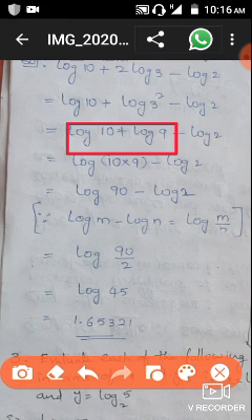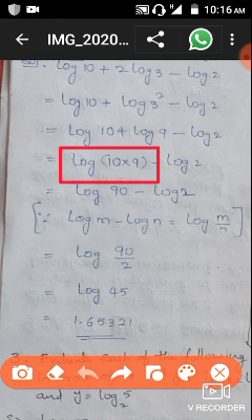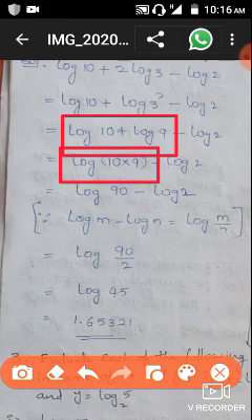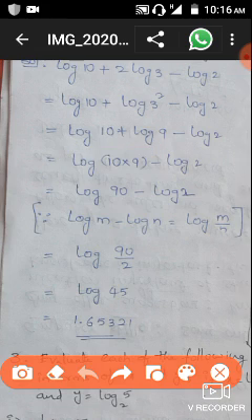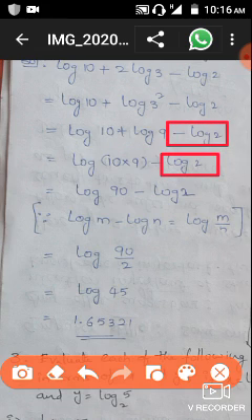So log 10 plus log 9 is log 10 into 9. Minus log 2 as it is.